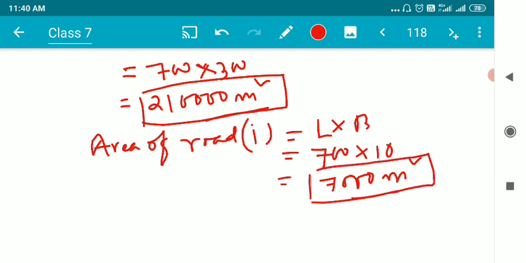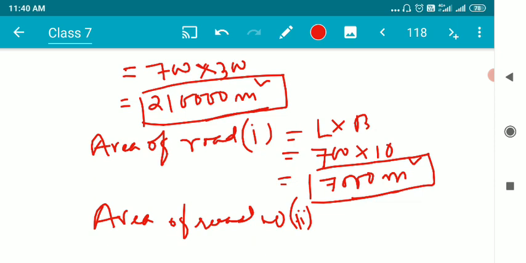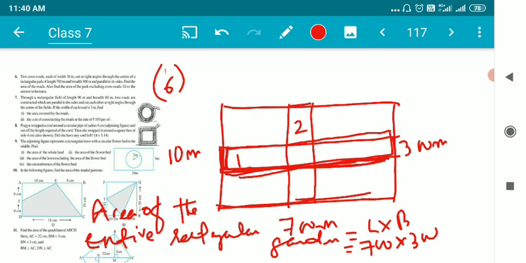Now we are going to calculate the area of road number 2. If you see over here, this is road number 2. The length of road number 2 is the breadth of the garden because it's parallel to the breadth of the garden.